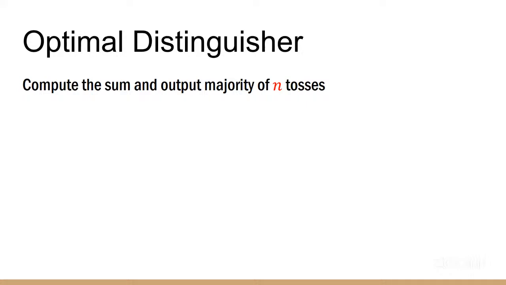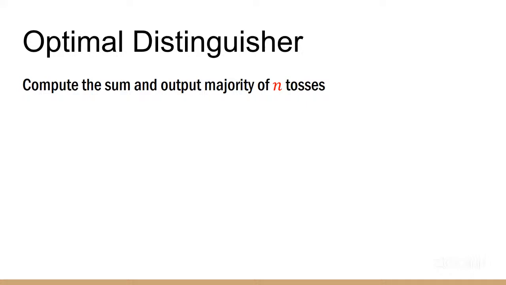What is the optimal algorithm that achieves the best success probability for distinguishing between the case where it's biased towards heads versus the case where it's biased towards tails? Without any computational model, this is the optimal function that solves the coin problem: you compute the sum, in other words, compute the number of heads and the number of tails.